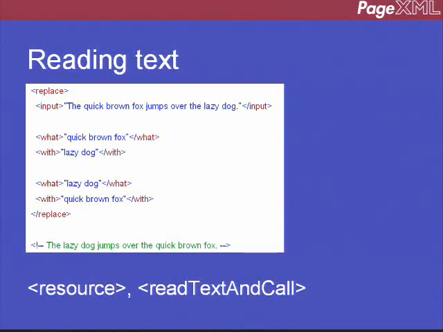So in this example, you can see how we replace: the input is this string, and then you have what and with pairs, which say replace what with then. So for example, in input you would have something like input resource header.htmlf, and then the what and with might be what: page title, with: news item or something like that. So the idea we wanted to do was to separate the HTML out.